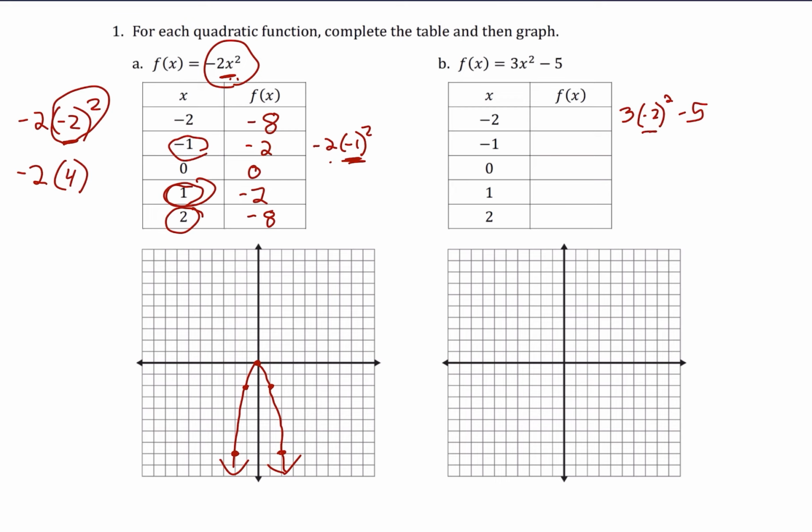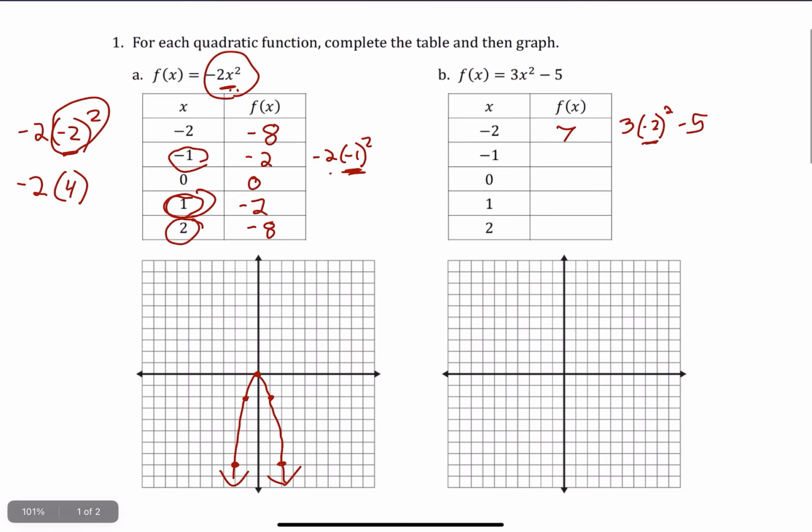Again, we're going to do this first by order of operations. -2 squared is a +4. 3 times 4 is 12, minus 5 is going to be a +7. When we put -1 in, it's going to be 3 times -1 squared minus 5. -1 squared is a +1. 3 times 1 is going to be 3, minus 5 gives us a -2.